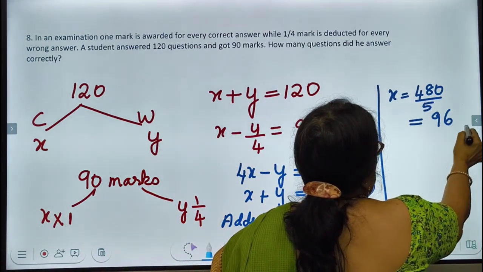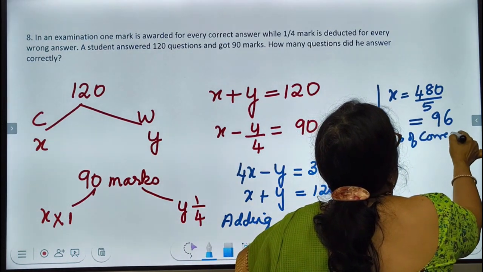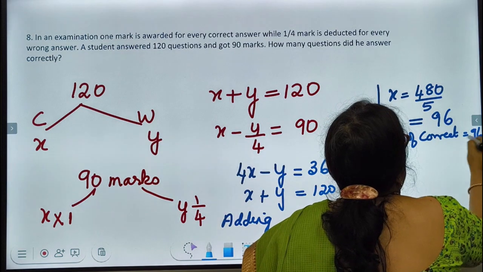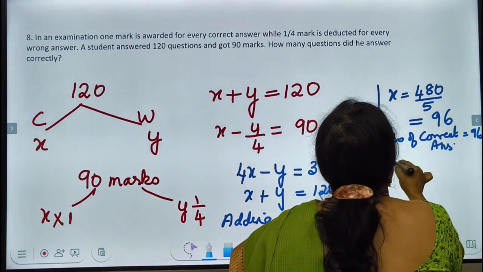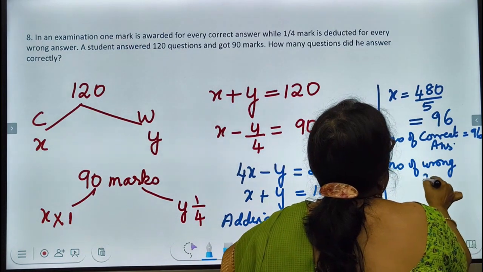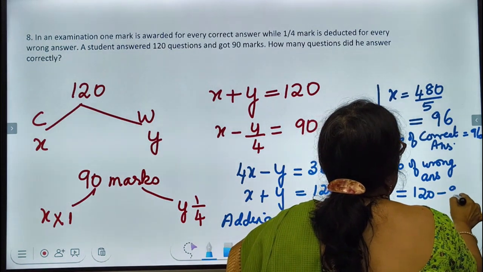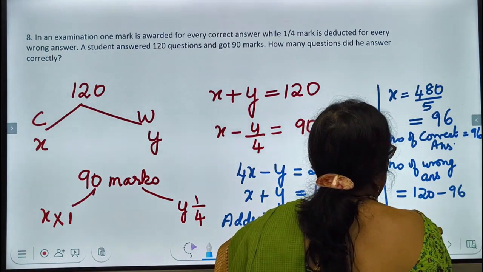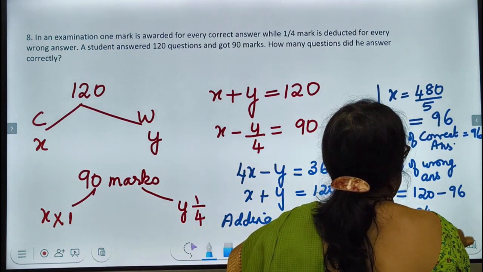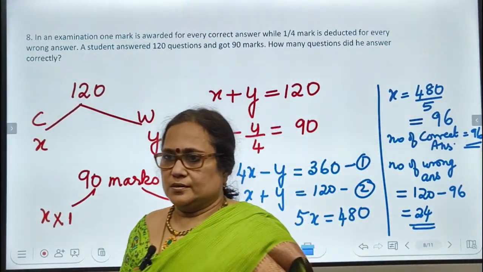So the number of correct answers is 96. What will be the number of wrong answers? It will be 120 minus 96, which is 24. 96 correct answers and 24 wrong answers.